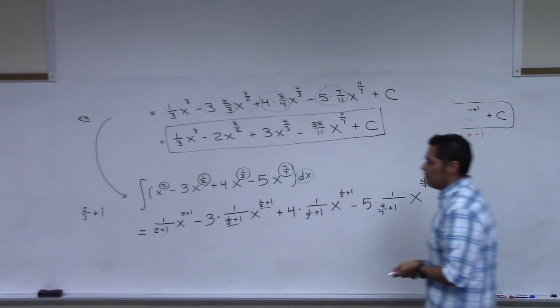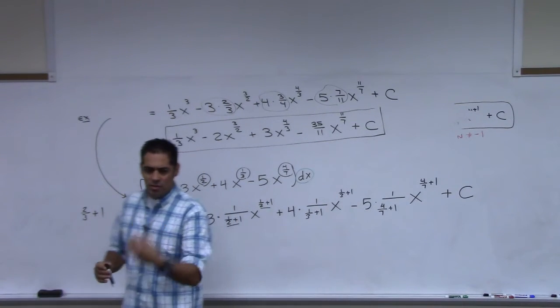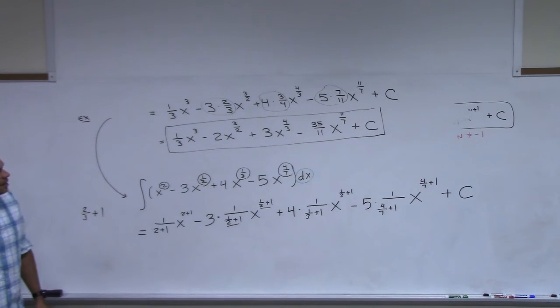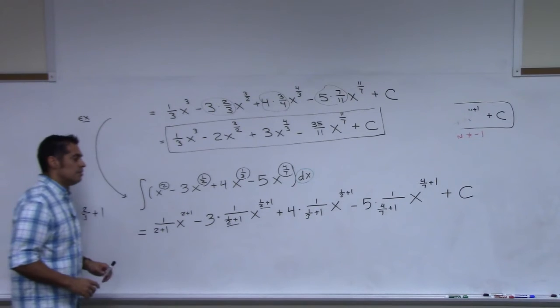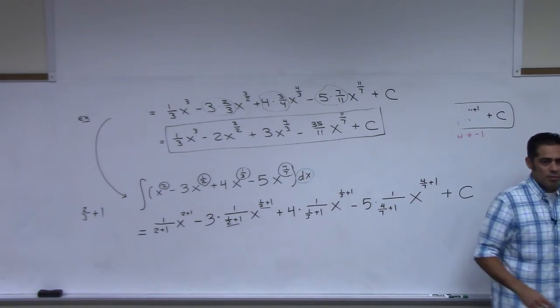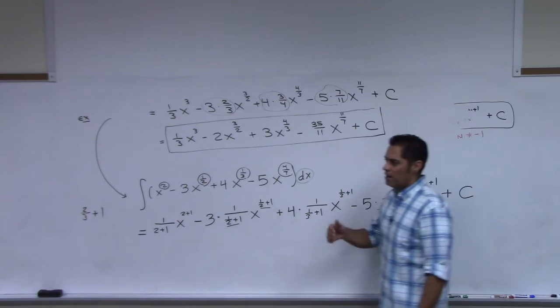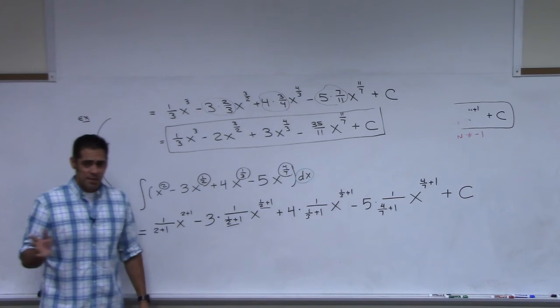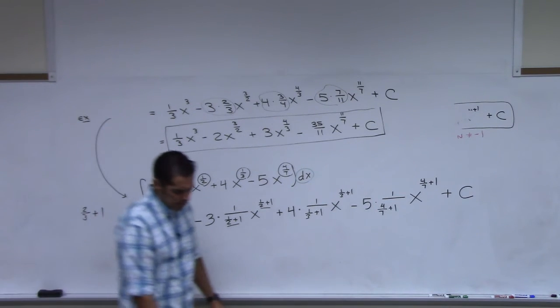So the point of this example is just to get you used to the idea of the plus 1 stuff, right? Now there's some good news in Cal 2 when it comes to finding antiderivatives, which, by the way, we are going to be trying to find antiderivatives of functions until the end of September, I believe.